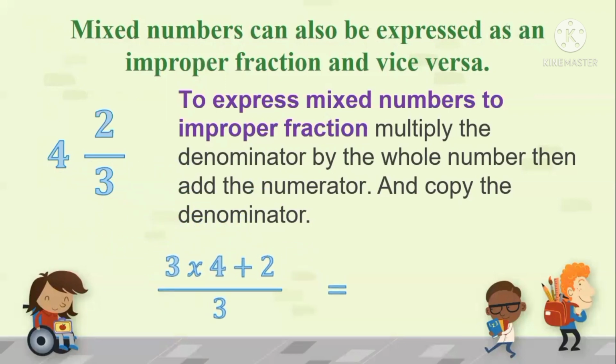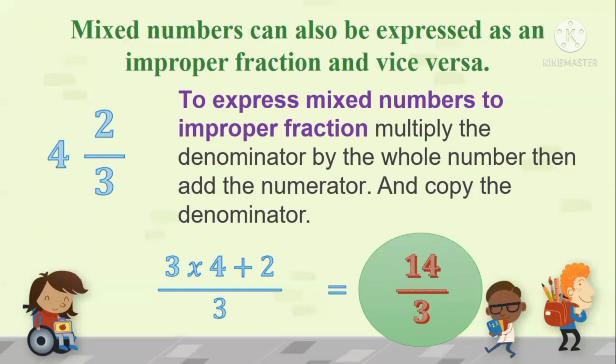So 3 as the denominator, you multiply it with the whole number, which is 4, and add the numerator, which is 2, and you are going to copy the denominator. So 3 times 4 plus 2 is 14, and copy the denominator, which is 3.